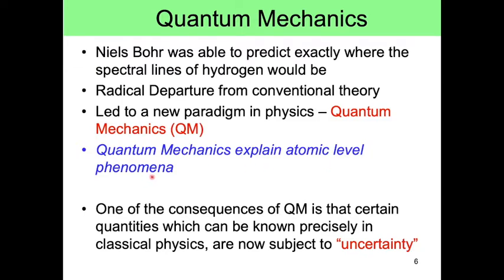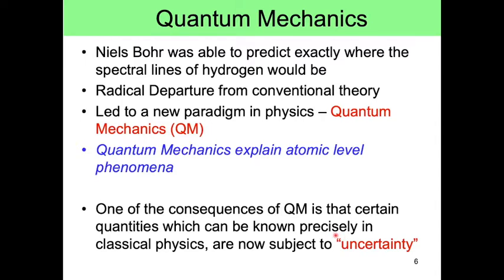Without this, nothing can be explained. One interesting consequence of quantum mechanics is that all physical quantities come with probability, unlike classical mechanics.